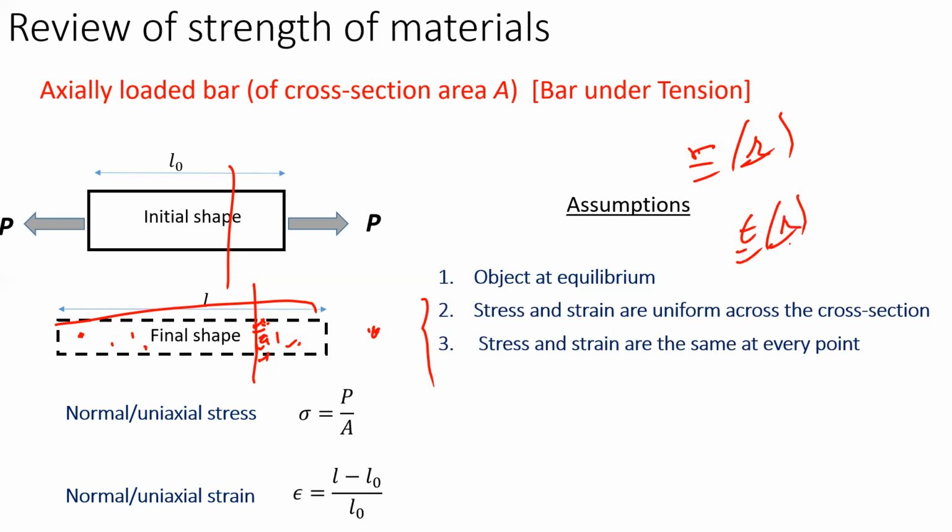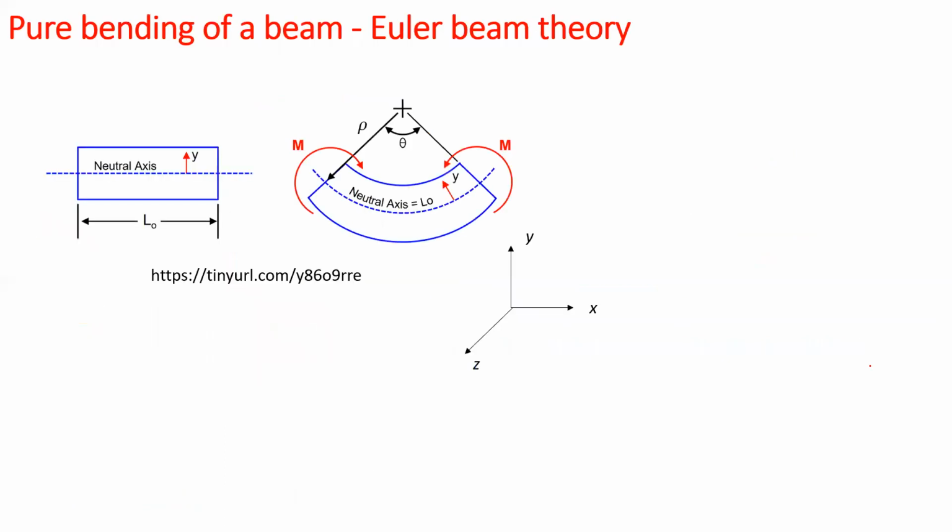So there's a limitation. It's not like a limitation, but it's more to do with the scope of the course that we ended up using these particular assumptions. Likewise, if you consider the bending of a beam, the beam theory which you most likely used was Euler-Bernoulli beam bending theory.